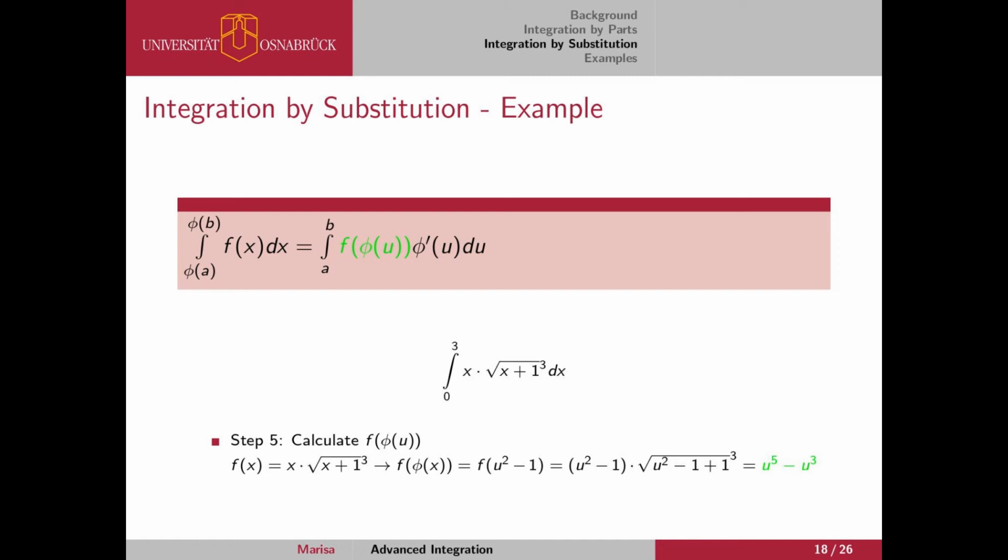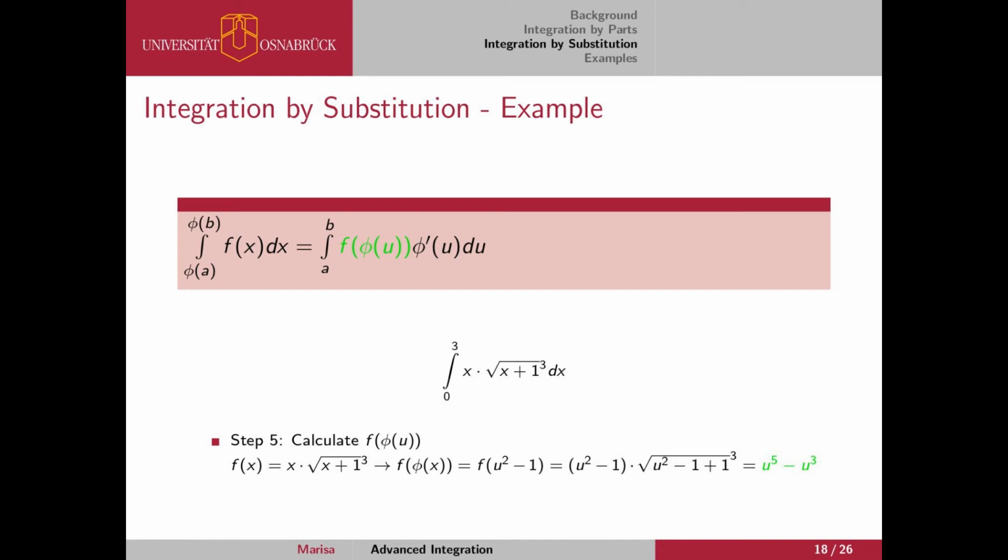This means that if we have f of x equals x times the square root of x plus 1 to the power of 3 and replace all x by phi of u, we need to replace them by u squared minus 1. This will yield u squared minus 1 times the square root of u squared minus 1 plus 1 to the power of 3.